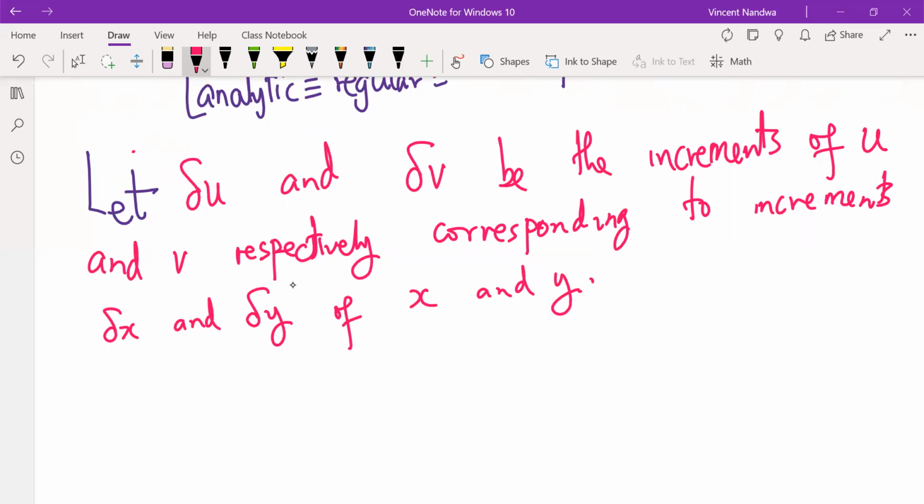So delta u, delta v are small increases in u and v respectively, while delta x and delta y are small changes in x and y.